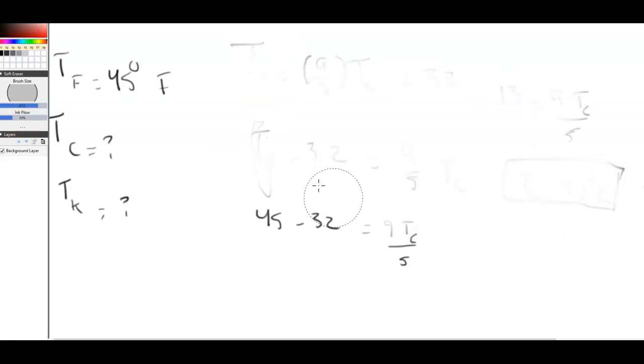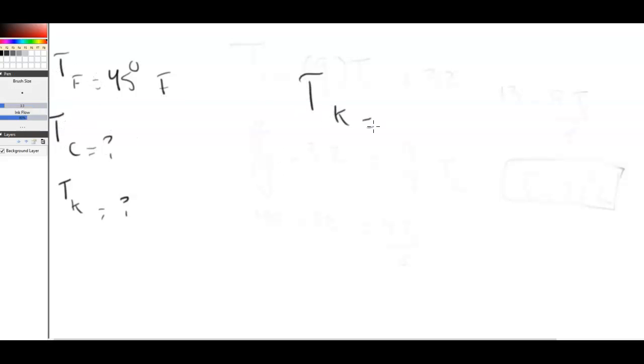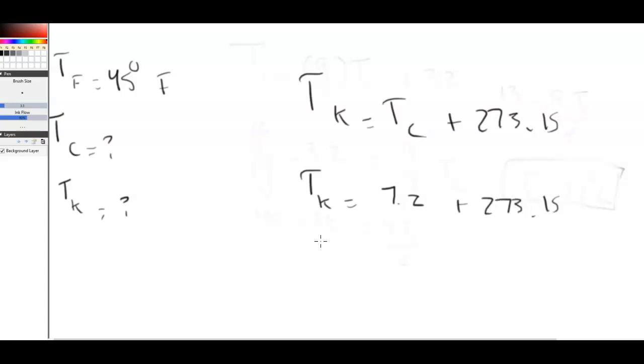okay, so now that I have the 7.2 degrees Celsius, I can easily go back and find the temperature in Kelvin. Okay, the temperature in Kelvin is the temperature in Celsius plus 273.15. So the temperature in Kelvin would be 7.2 plus 273.15.